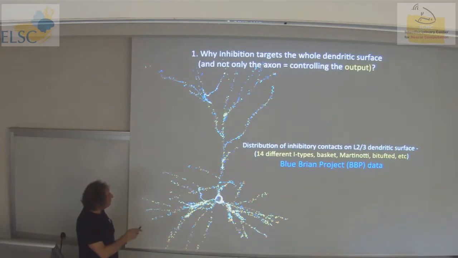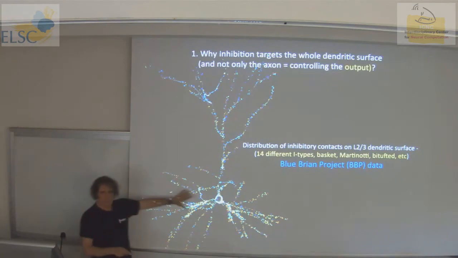So let's say the red circles are synapses coming from Martinotti cells. The blue circles are synapses impinging on this dendritic tree from basket cells. So you have also this kind of a synaptic map. These are all inhibitory synapses.